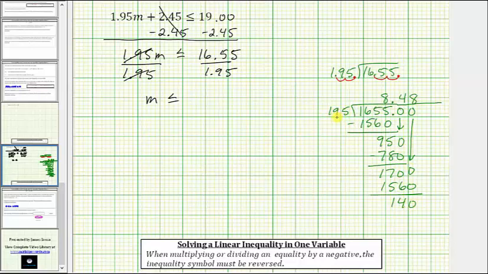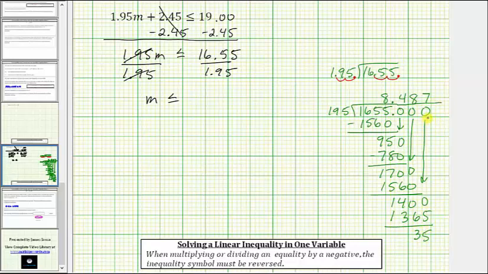We are asked to round to 2 decimal places, which means we need to find one more decimal place to round correctly. So we add another 0, bring it down, and determine how many 195s are in 1,400, which is 7. And 7 times 195 is equal to 1,365. We subtract. The difference is 35. So we know the 7 is correct.